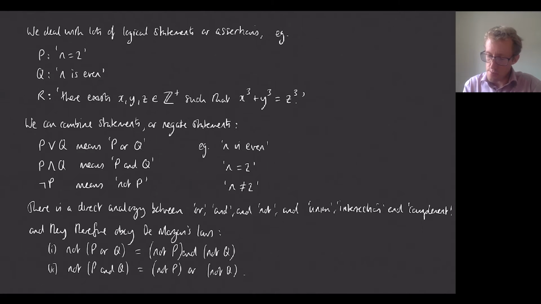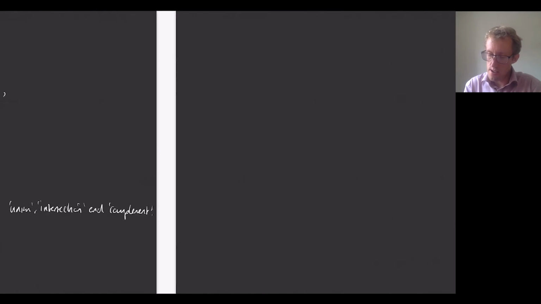Okay, so I want to introduce a bit more notation. We write P implies Q to mean P implies Q. So this is a double-lined arrow.